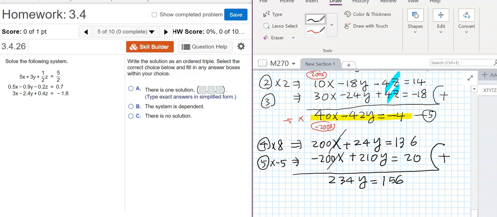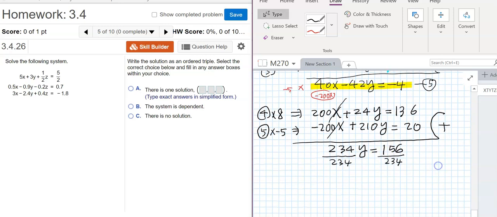Okay, so now when I divide by 234, y equal to 156 over 234.